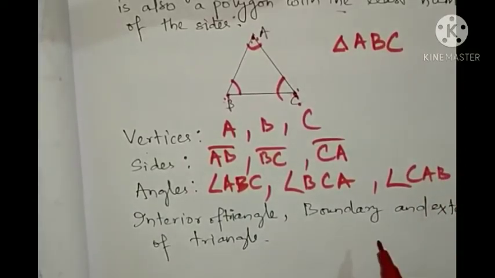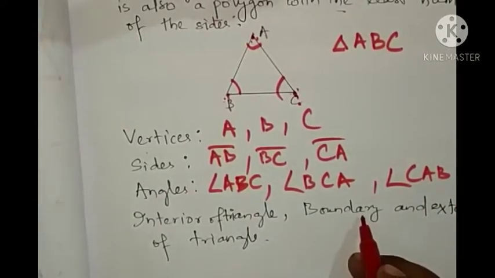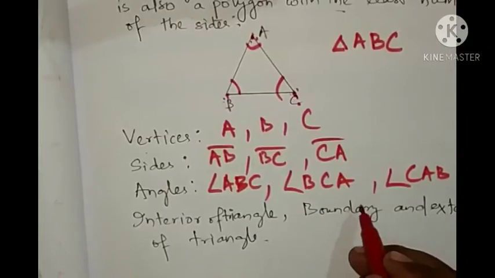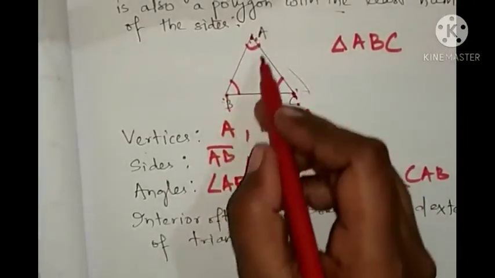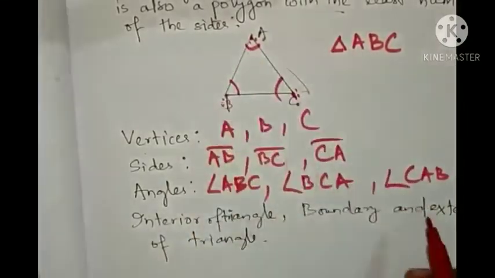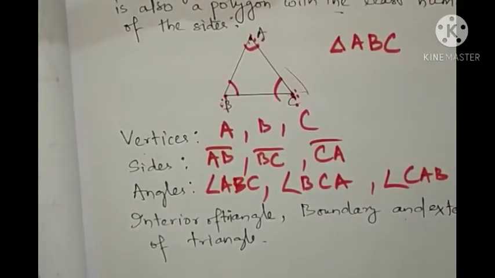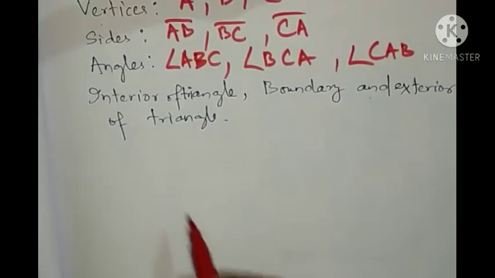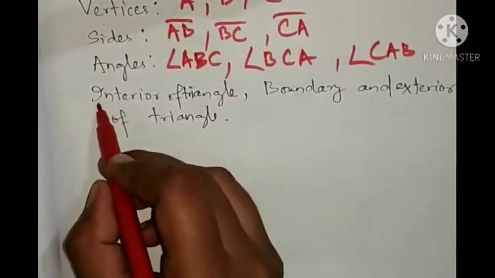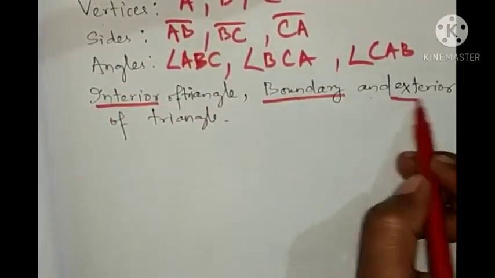So a triangle has 3 sides, 3 vertices and 3 angles. That's why it is a 3-sided polygon. Next, a triangle has an interior, a boundary and an exterior.